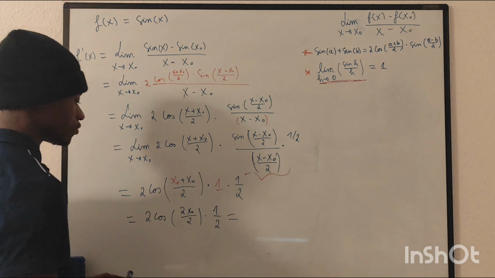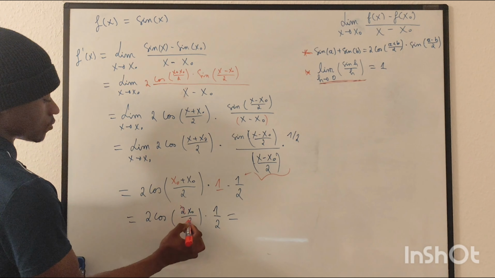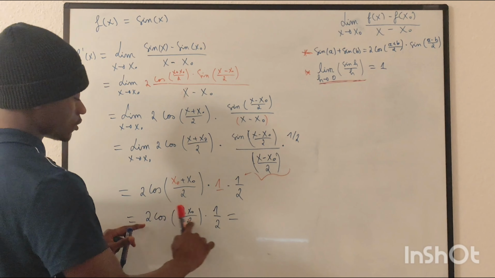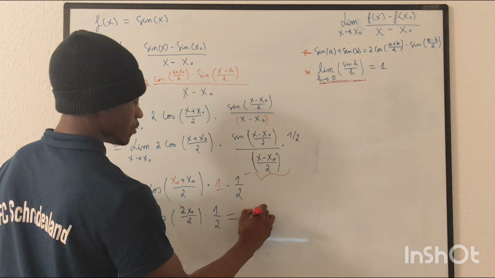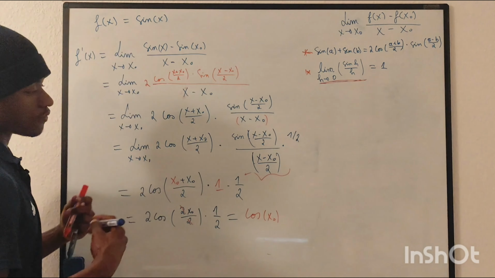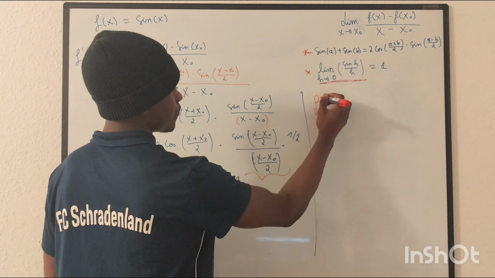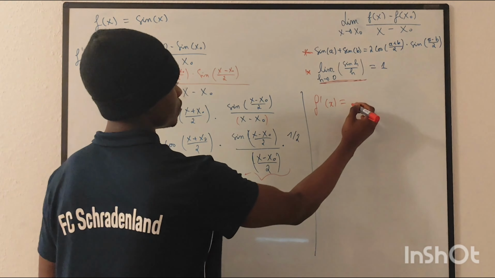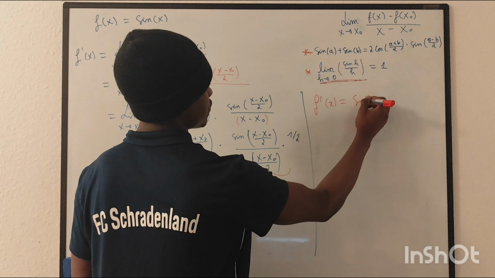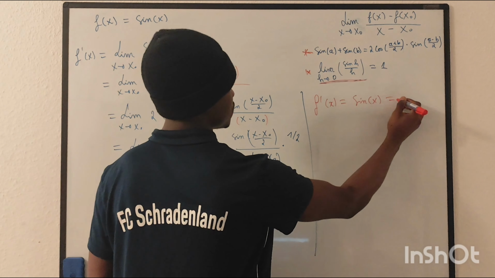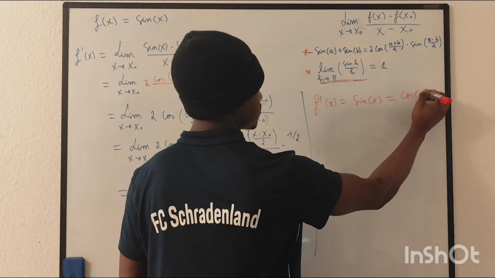This will be equal to 2 times x0 over 2 equals x0, and 2 times 1/2 equals 1, so cos x0. The final formula for our limit will be f prime of x equals the derivative of the sine function, sine x, which is cosine x.